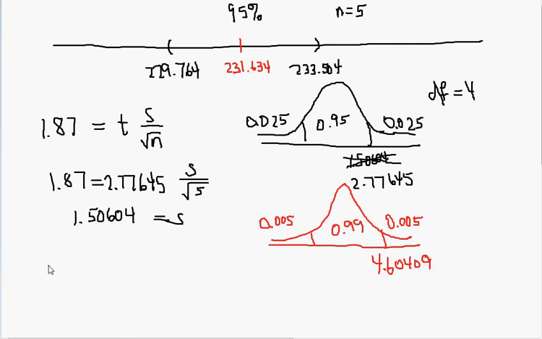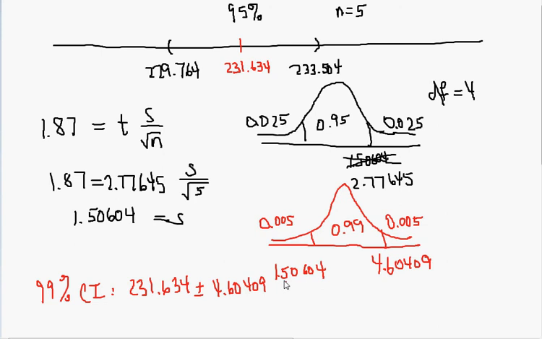So finally, the 99% confidence interval is going to be the mean 231.634 plus or minus 4.60409 times s, 1.50604, divided by the square root of 5.